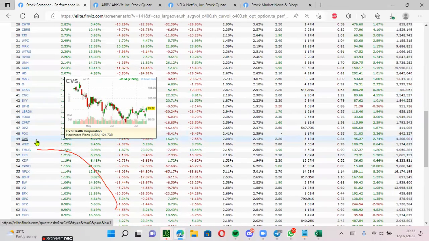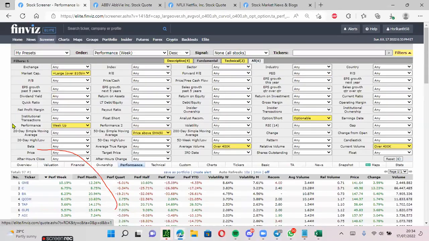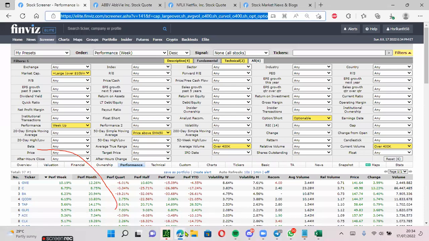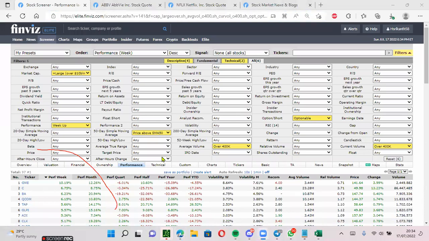Sri, can you share the settings for this scanner? Sure. What I suggest is, let me copy this and then share the link. You can just try this also. If not, you can also try the Finviz direct scan too.